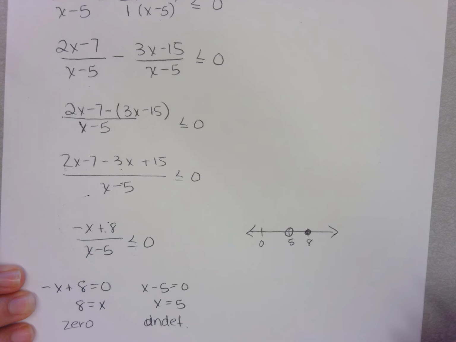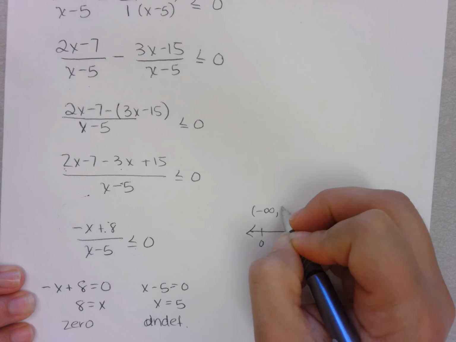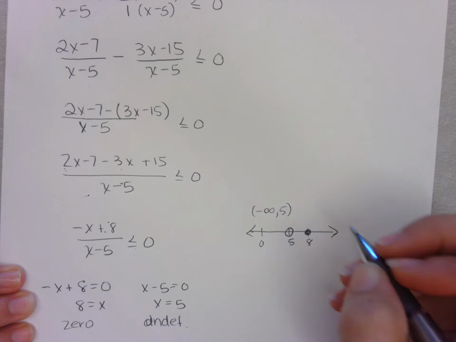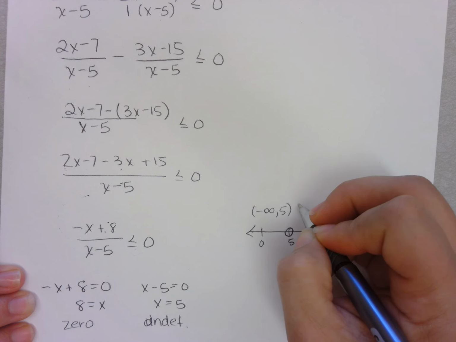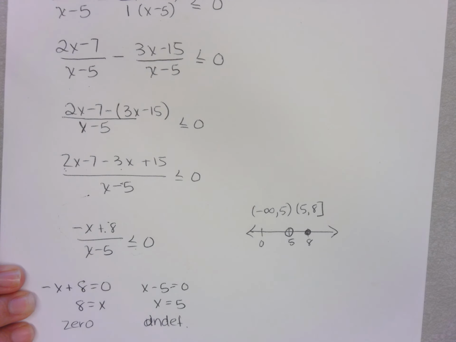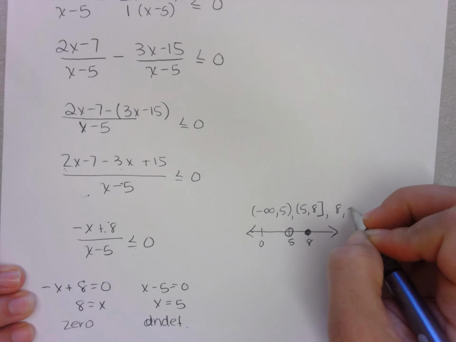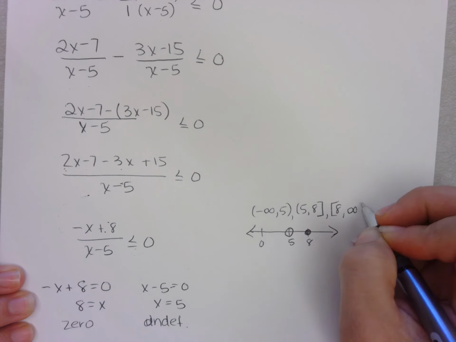I'm going to use a little interval notation here, but this goes from negative infinity up to 5, this part. Then we have this part down here, which is 5 to 8. The 8 is included, so I can write it like this. And then the last interval is 8 to positive infinity, and it's also included.